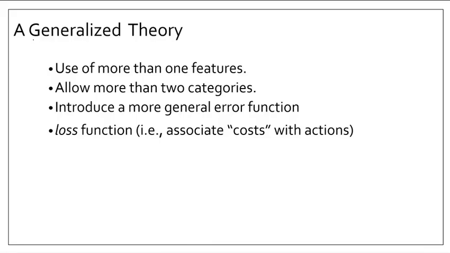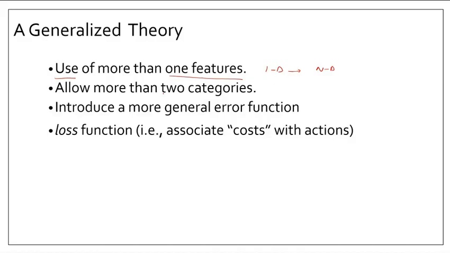So we will extend our earlier discussion to a generalized theory, that is, the use of more than one feature. Almost all the examples were of the 1D case. We can extend this to the n-dimensional case, which will be a generalization of the theory.